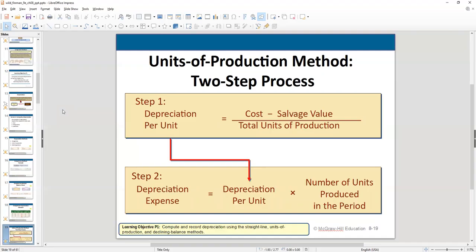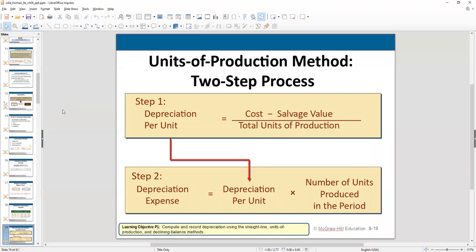Units of production is a bit more of a process. First thing you have to do, and like I said, you have to know what the total units of production are going to be. So you're going to take the original cost. The machine might be rated for, say, 200,000 units. So you're going to divide your cost minus the salvage value. These first 2 are important.